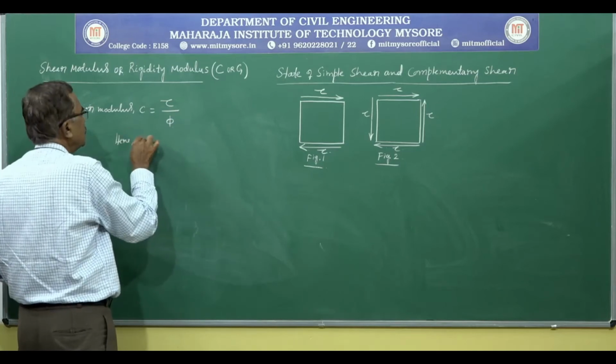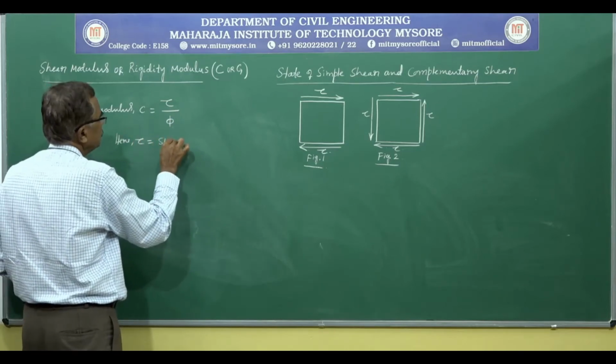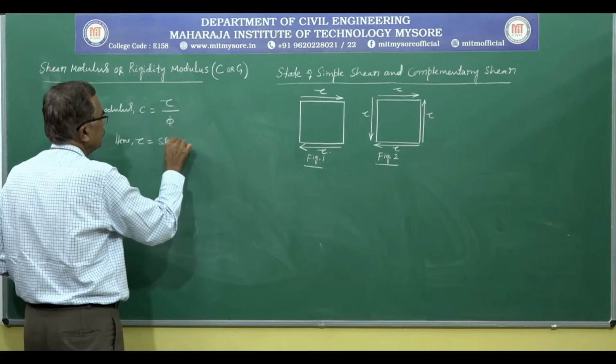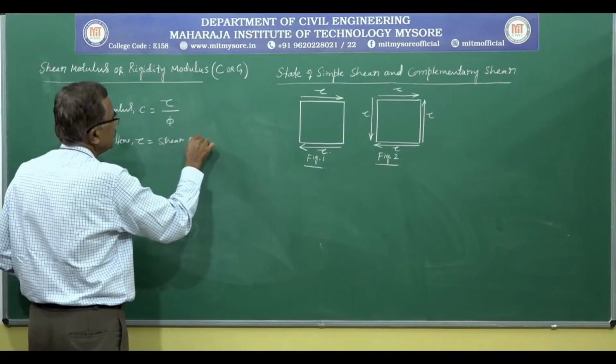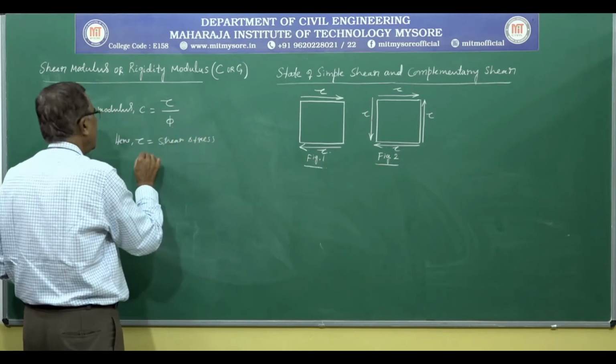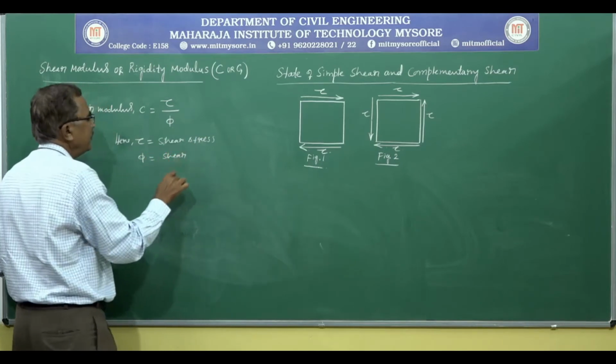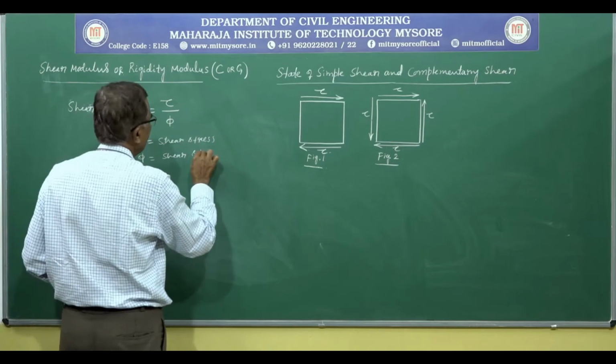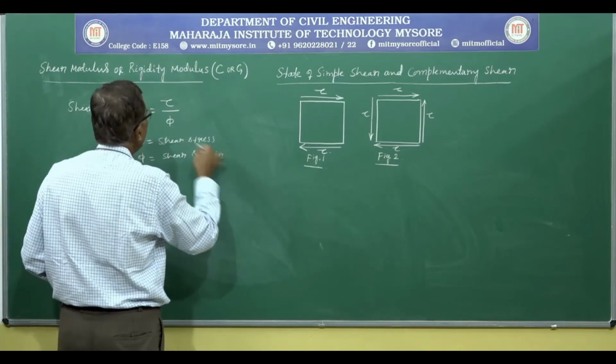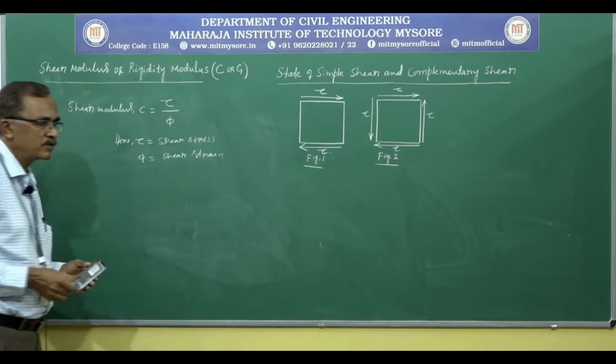Here tau is equal to shear stress and phi is equal to shear strain, just as we have defined, and C is equal to shear modulus or rigidity modulus.